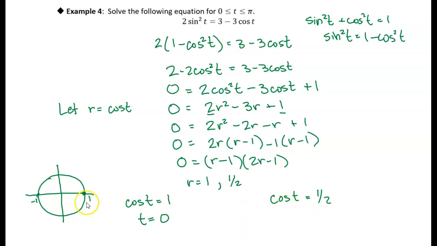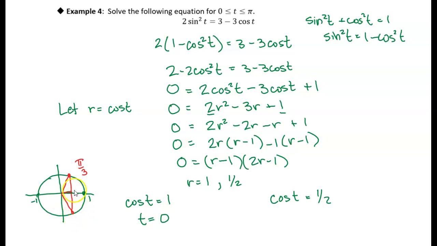On this side, we're looking at when cosine is a half. Actually, let me switch pens, it's a little easier to see. Go over by a half and then go up, and you have a solution right there. You can look at the unit circle and find out that that's pi over 3. There's another place where cosine is 1/2, down here.